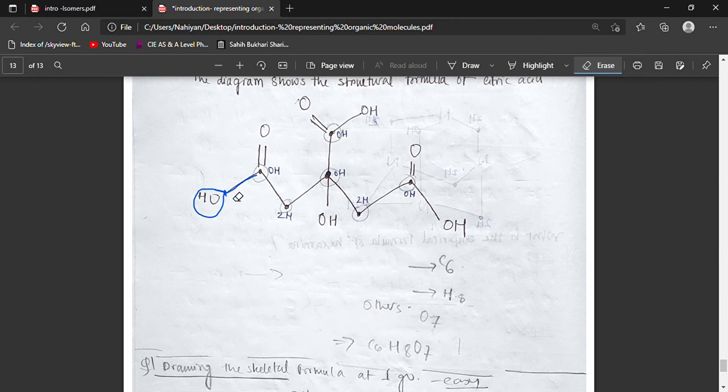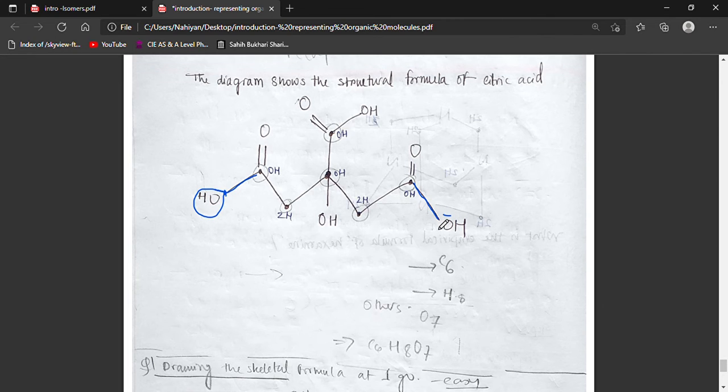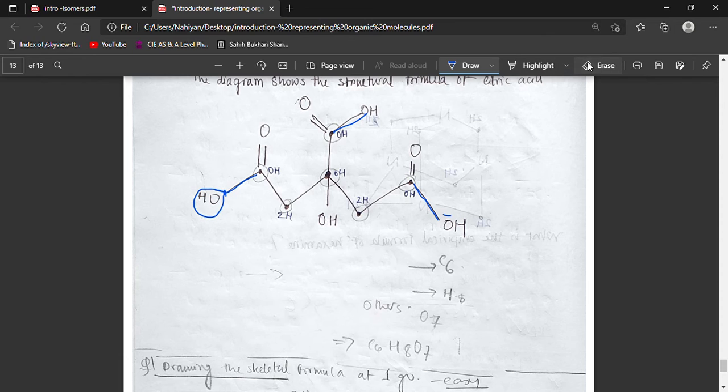So this is not any carbon, this is just an extension. Similarly, this end is not a carbon, rather it's a hydroxyl group, and this line is an extension. This is an extended line representing that something else is attached to this carbon.